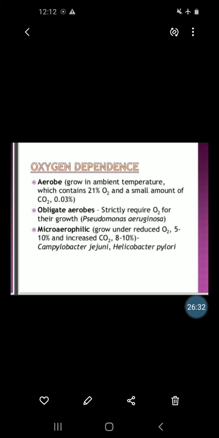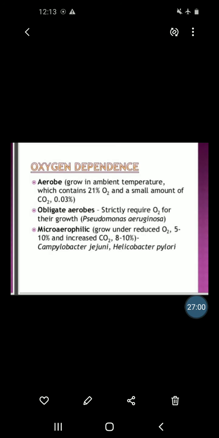For example, Pseudomonas aeruginosa. Then microaerophilic, bacteria which grow under reduced O2, that is 5 to 10%, and increased CO2, that is 8 to 10%. For example, Campylobacter jejuni and Helicobacter pylori.